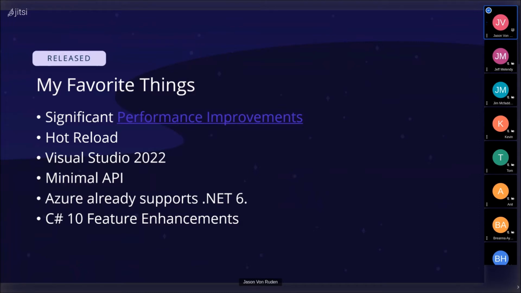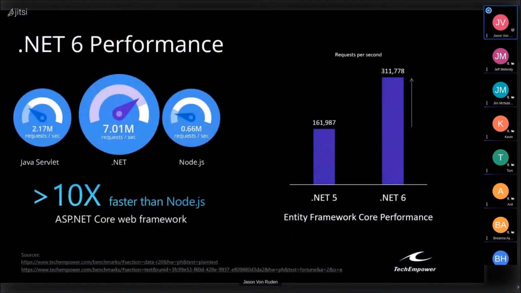Minimal APIs, I'm warming up to those. It's kind of a change on how you host your APIs, so it's on my radar to see if I can leverage it in the future. I wouldn't expect you'll be using that if you're upgrading from .NET 5, because it's pretty drastic changes.